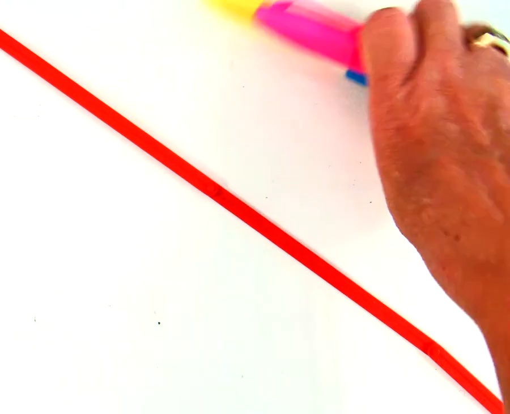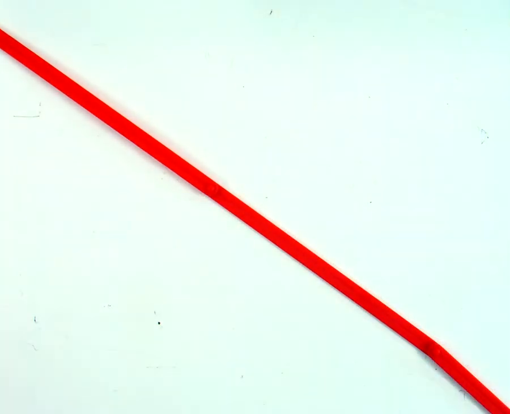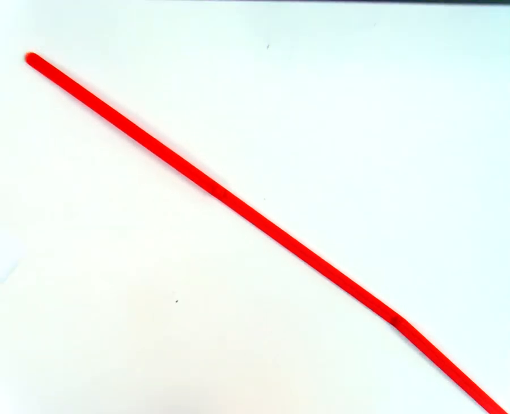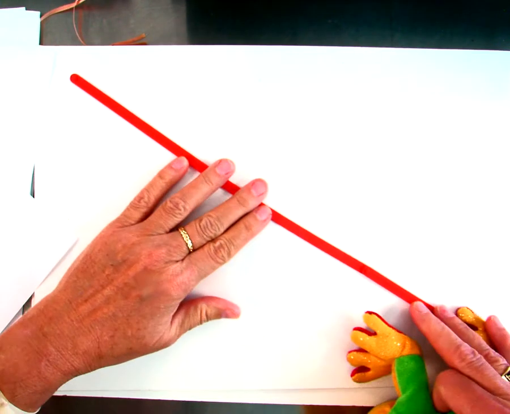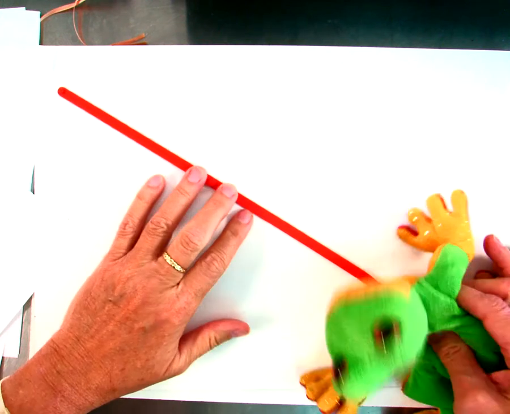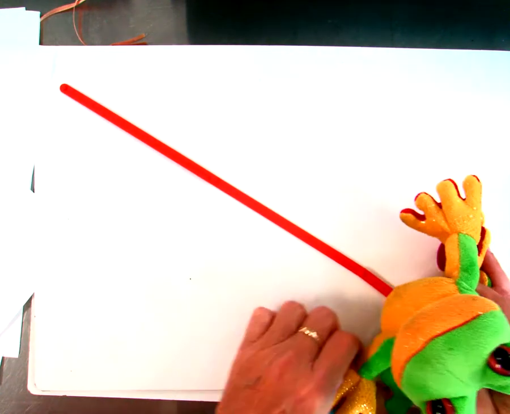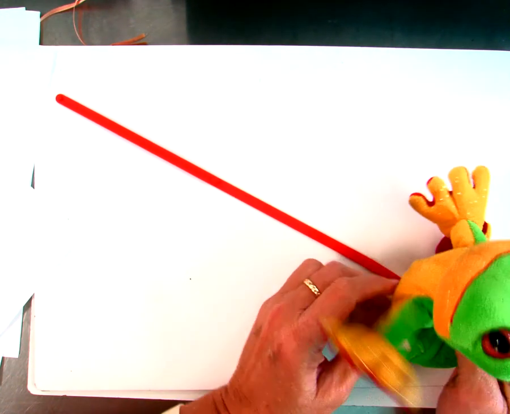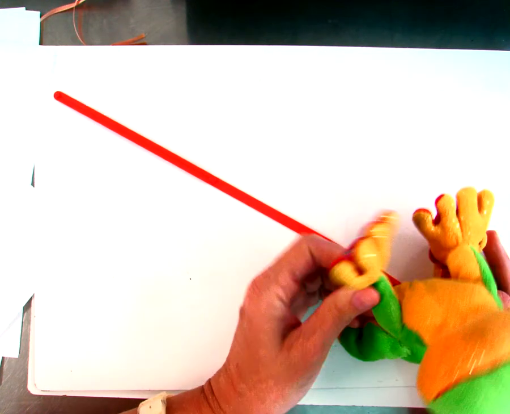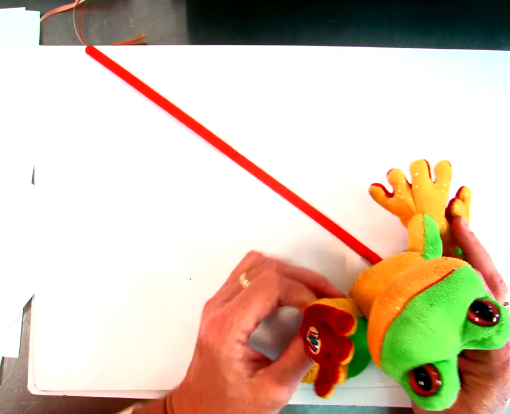Okay, what about alternating? Okay, still relative to the transversal now. So we'll have a guest lecturer here, Froggy, to help us with this. Hi, Froggy. Okay, so let's see what Froggy does.